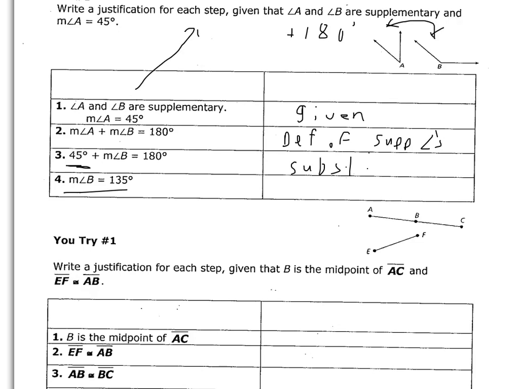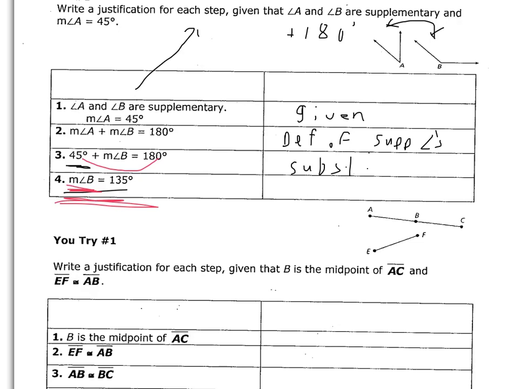Your substitution property allows you to plug in 45 into that equation that said measure angle A plus measure angle B equals 180 degrees. Now your goal is to solve for B. You want to solve for this guy alone, so you want to get him all by yourself. So what you need to do is get this 45 over here, and to do that, we would just subtract 45 degrees on both sides, and we would get measure angle B equals 135 degrees.